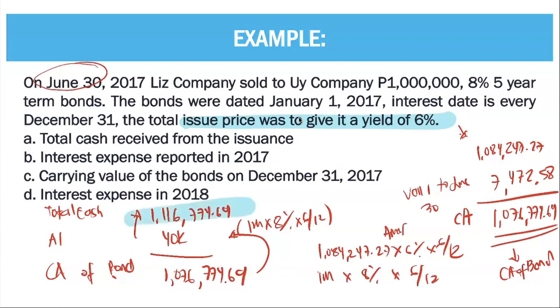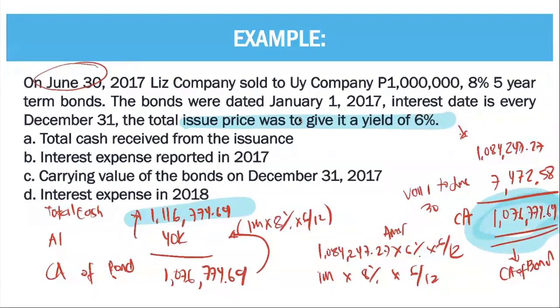So our total cash is 1,116,774.69. Take note, what is given here again is the carrying amount of the bond, which should yield a 6%. So our carrying amount should be this one that will yield 6%.